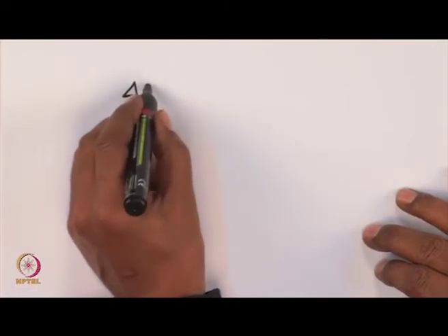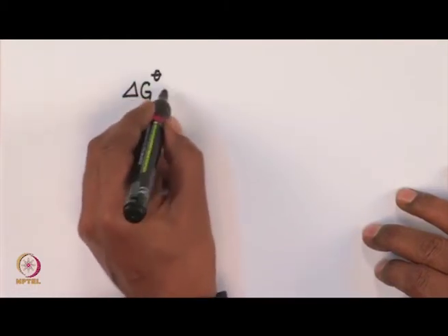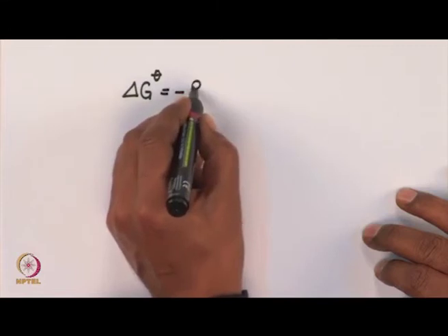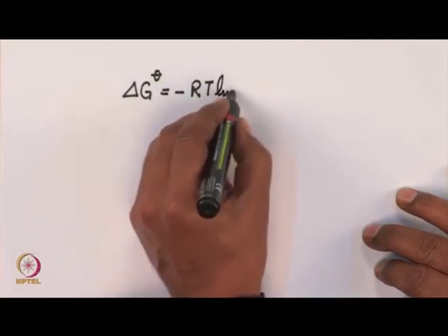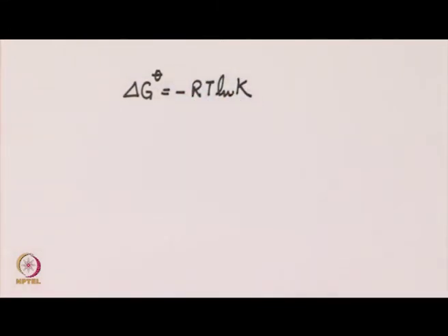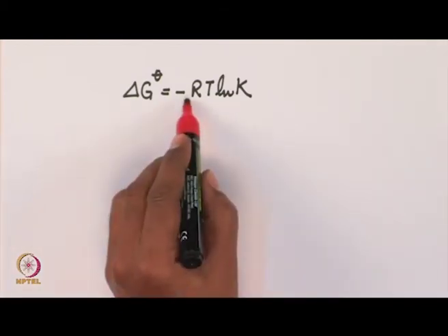We will immediately think of a relation which connects equilibrium constant with the standard reaction Gibbs energy, and this expression we actually just derived: delta G naught is equal to minus RT log K. Please remember that in this equation there is no n over here.